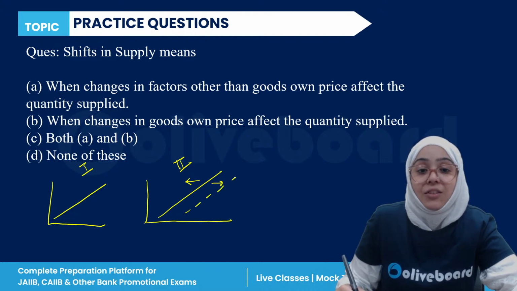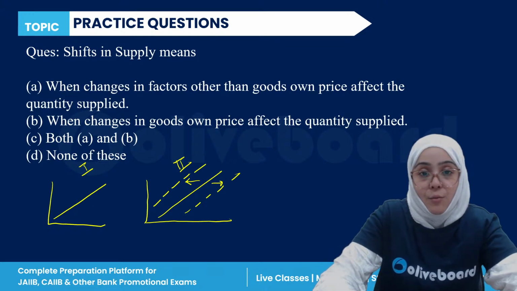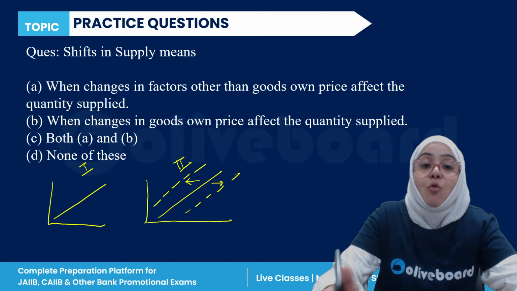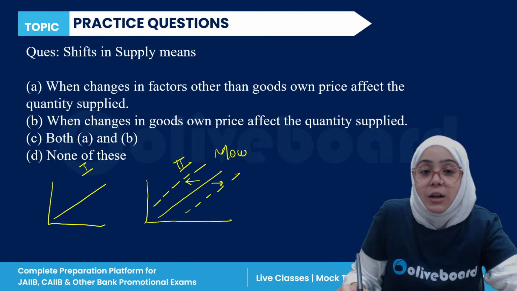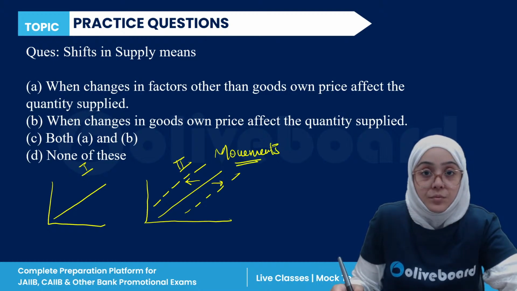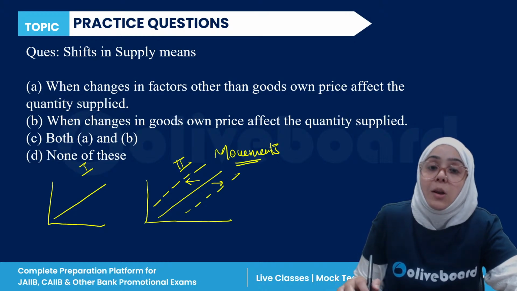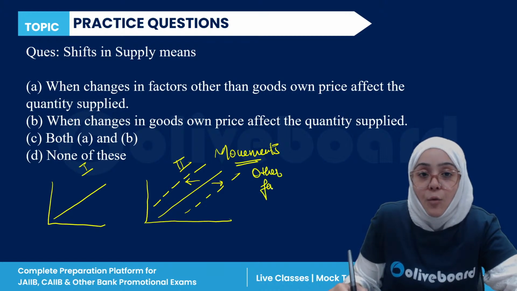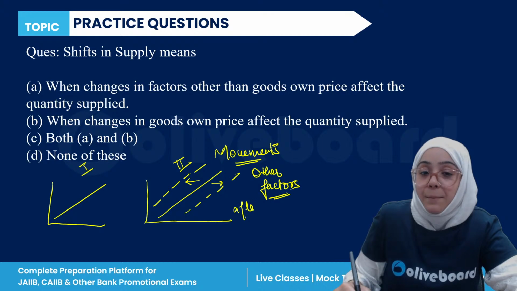When the supply curve shifts rightward or leftward, these movements are because other factors are affecting the supply.